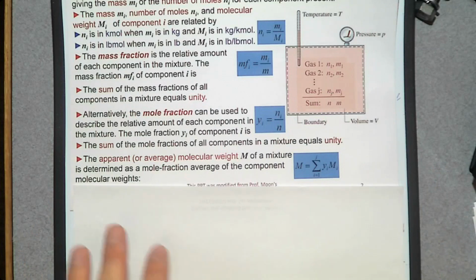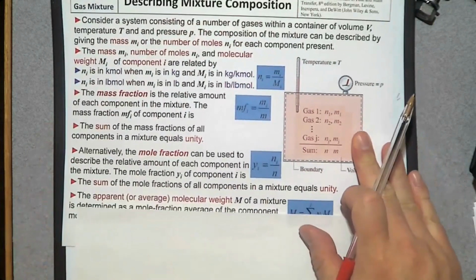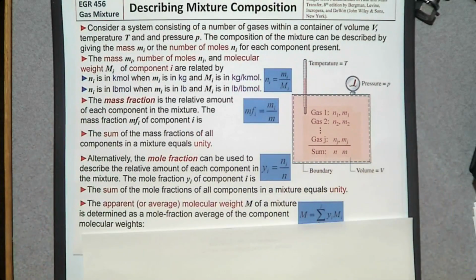So the main equation that we are going to use a number of times is this one: N = m/M. There are too many M's, right? So this N is the number of moles. Lowercase m is the mass of the system. This capital M is molecular weight.